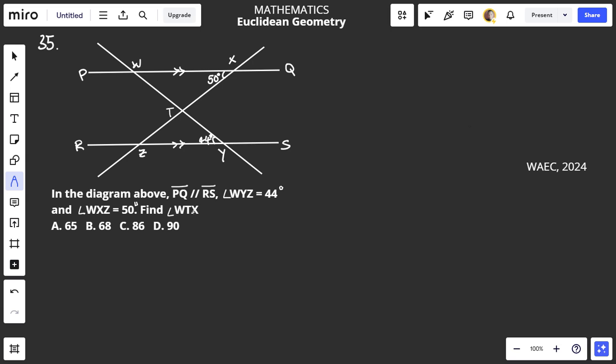Find angle WTX, that's this angle on top here. That's what we have to find. So if I call that place small letter x, let's proceed.